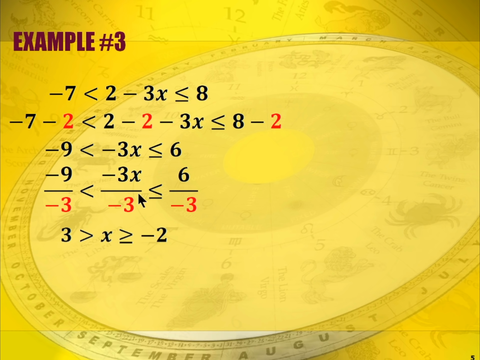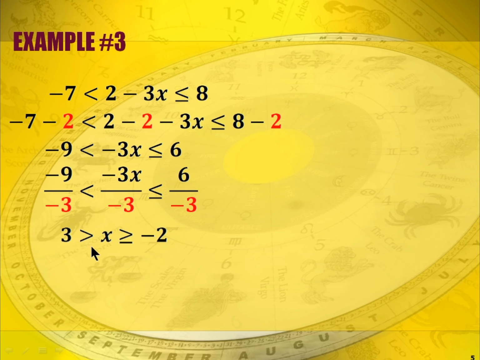Take note that if we are dividing by negative numbers in this inequality, we are going to reverse the inequality symbol. So instead of less than or equal to, it will become greater than or equal to. Instead of greater than, it should be less than.